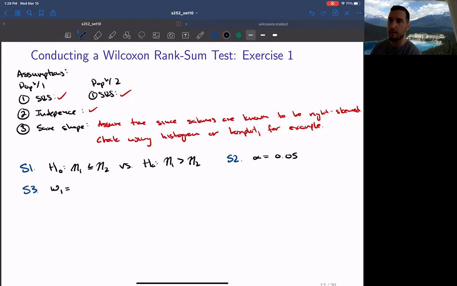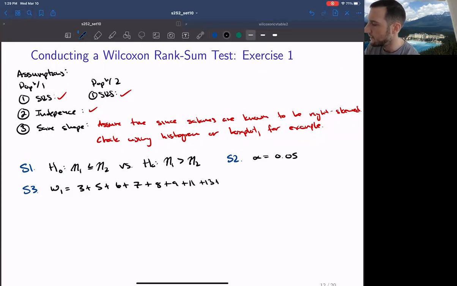So this again is the sum of the ranks from sample 1. So this is going to be, as we showed on the previous slide, 3 plus 5 plus 6 plus 7 plus 8 plus 9 plus 11 plus 13 plus 14 plus 15 plus 19 plus 20 plus 22, which is equal to 152.